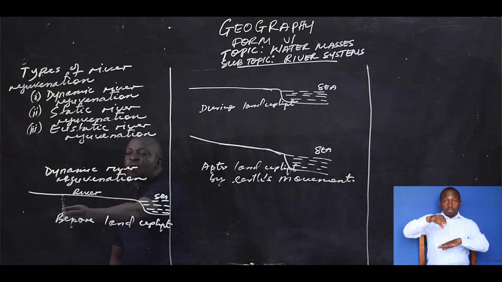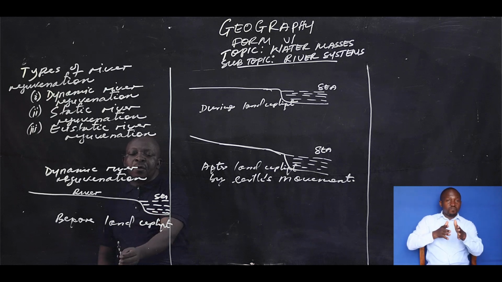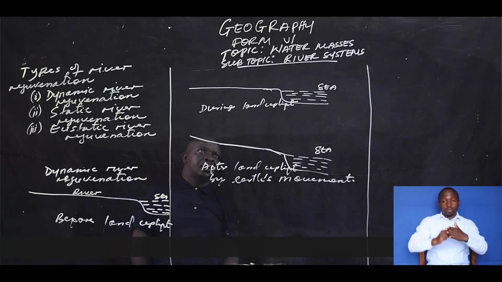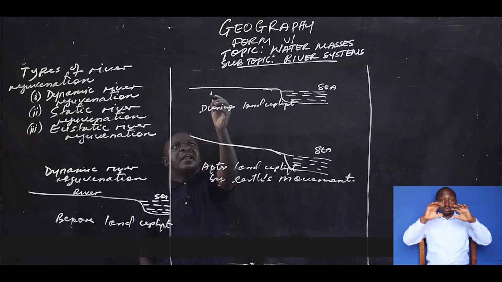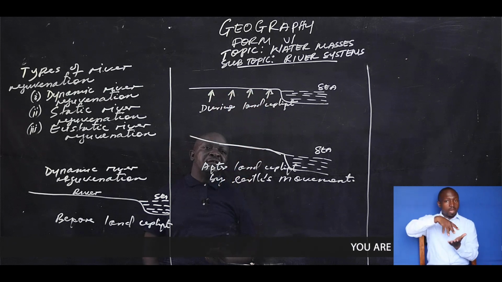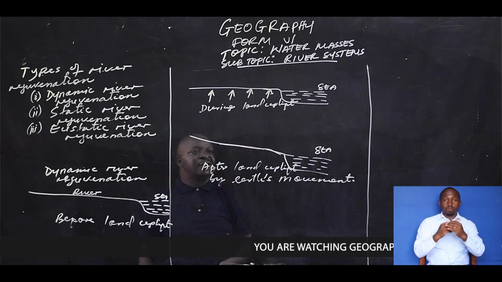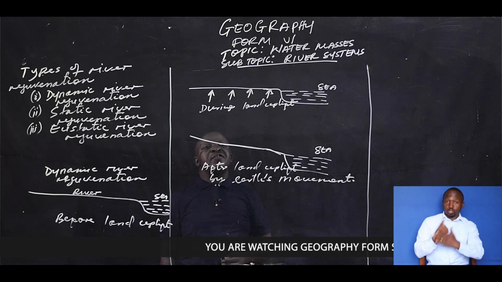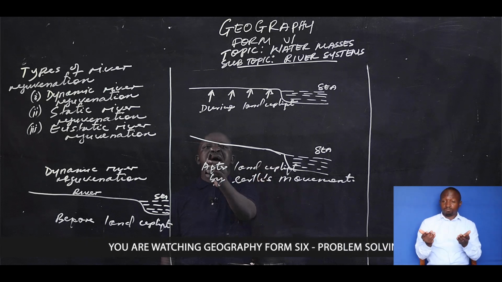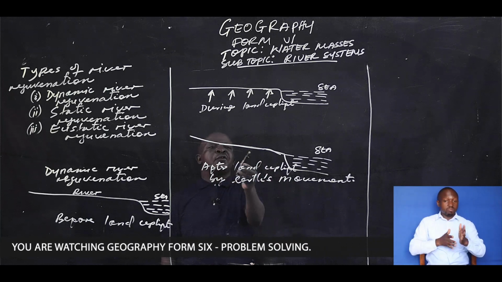The gradient of water flow is more gentle, but this is before land uplift by tectonic activities. Here, the landscape is uplifted by tectonic activities. Because of uplift, the gradient of water flow does not remain the same, it changes. By this change, the speed of water does not remain the same. The speed of water increases.